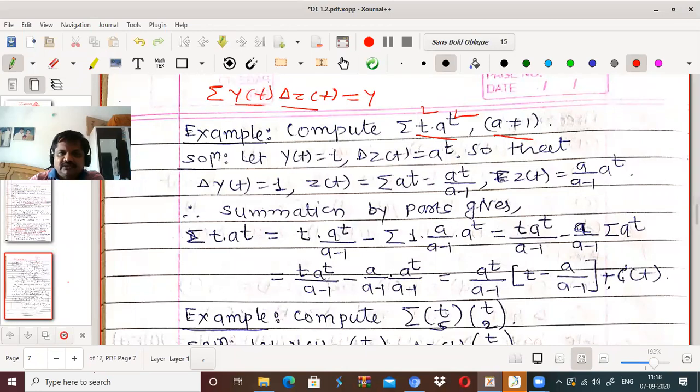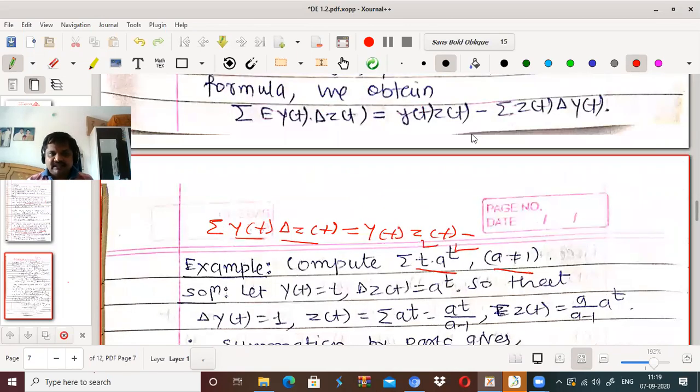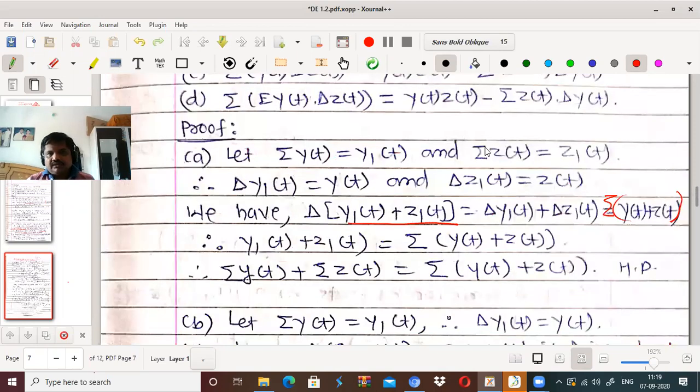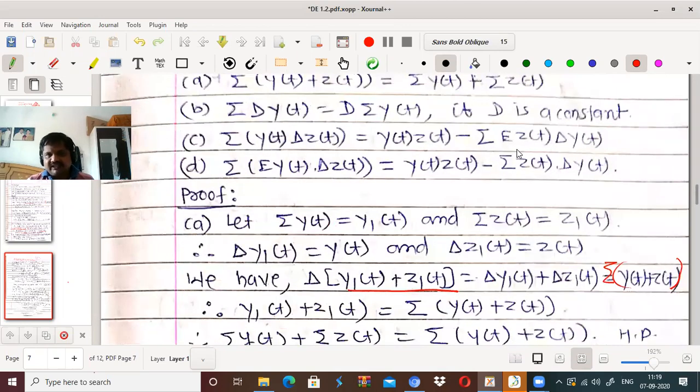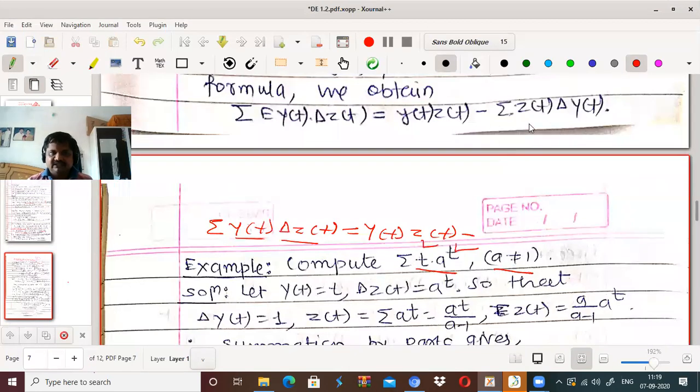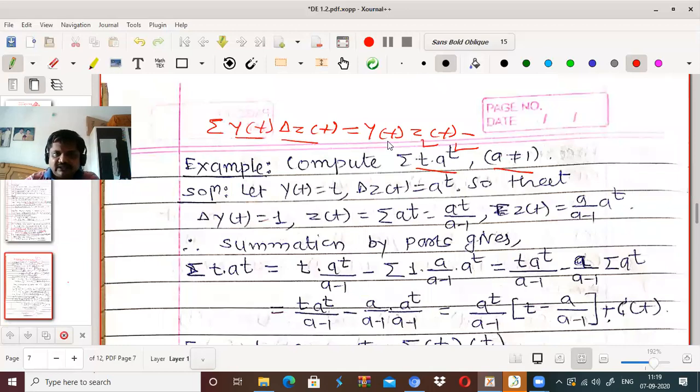Yt into zt minus the summation of delta yt into EZT. That means this is called the summation by parts formula.